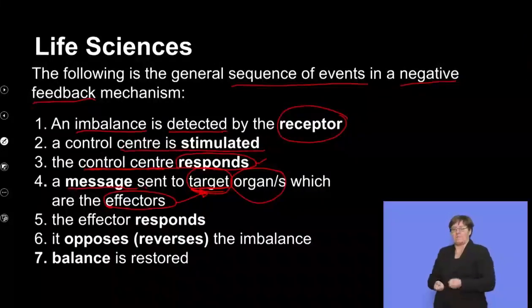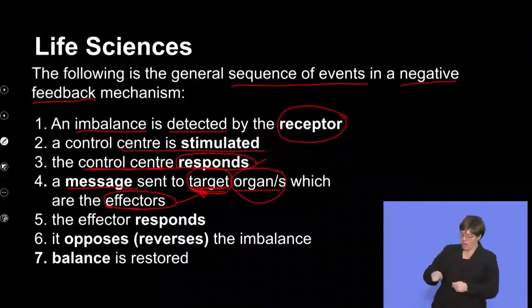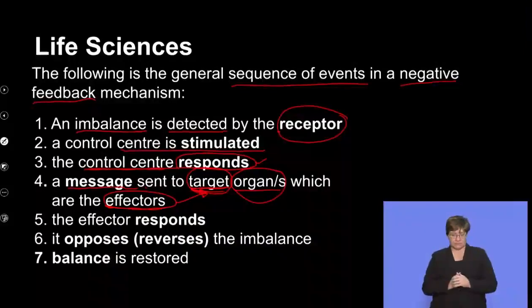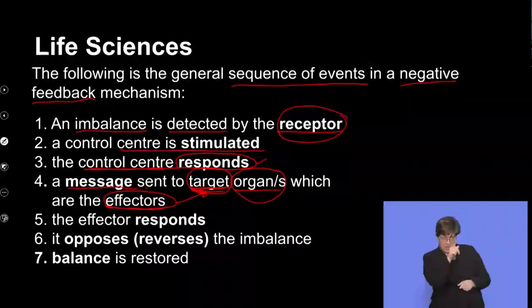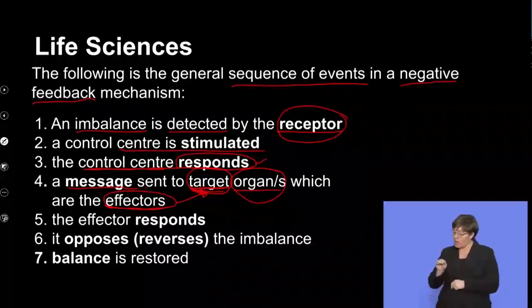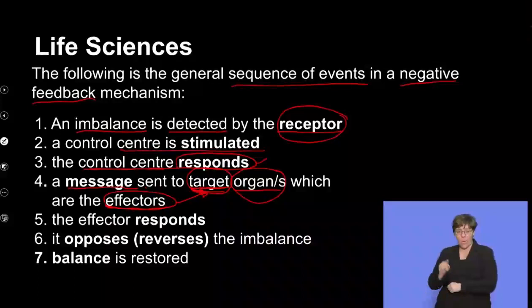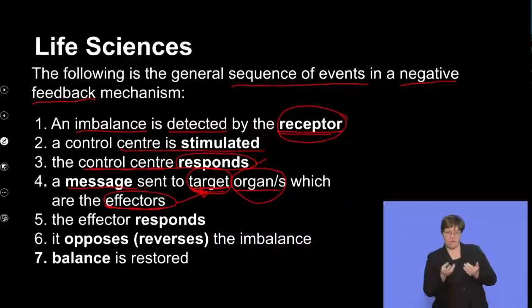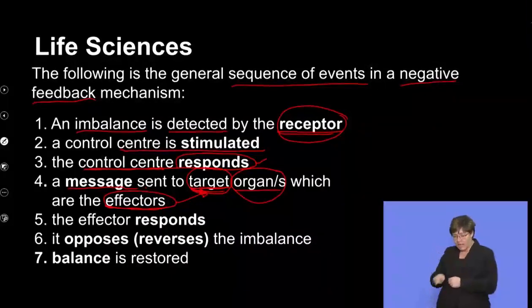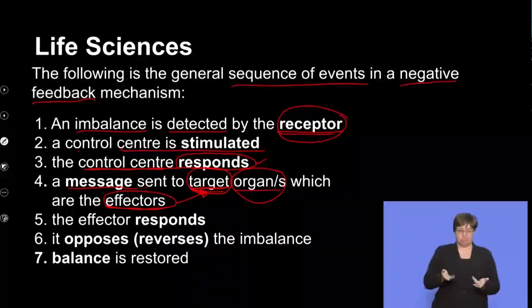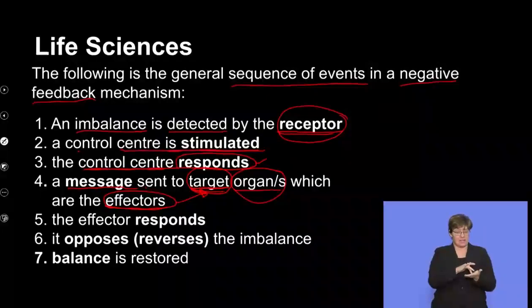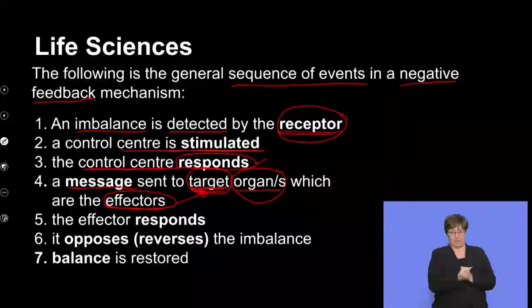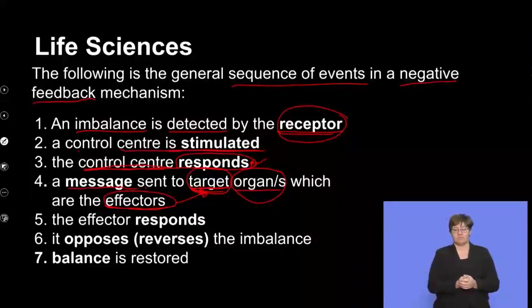Targets or organs, they are the effectors. We started by saying the receptors will detect the imbalance. Remember, we're talking about the internal environment. So imbalance is detected by the receptors. And in the control center, the stimulation that is taking place will do what? Will respond.